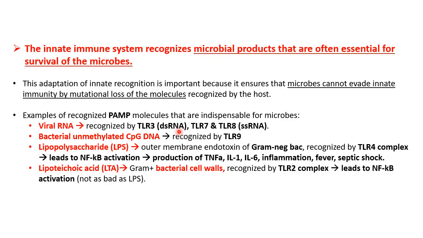Okay? So, for example, here, when you look at PRRs like TLR3, TLR7, TLR8, those are going to detect nucleic acids that are very important for microbial genetic information and replication. Okay, so in this case, for example, TLR3 is going to detect, look at this, double-stranded RNA type of structure.